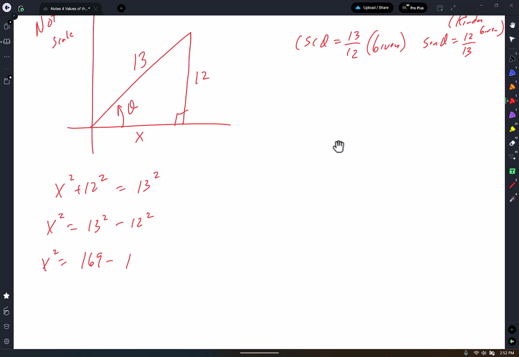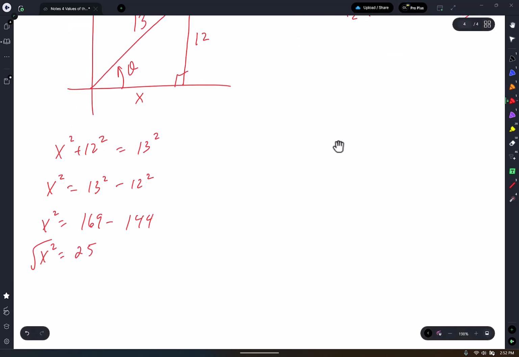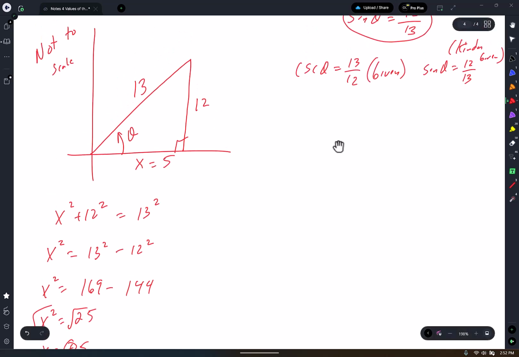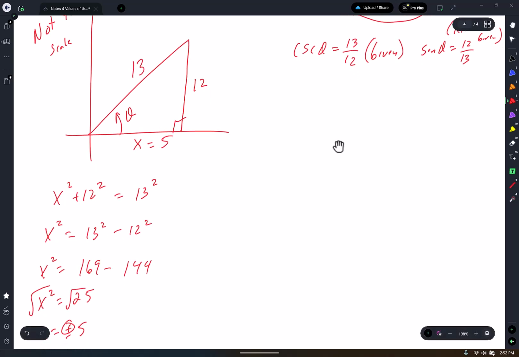And then 12 squared is 144. So x squared equals 25. The square root of that, x equals plus minus 5. You're using the positive one because we're in quadrant 1. So x equals 5. You don't have to do that. If you already know there is a 5, 12, 13 triangle, then just go ahead and write it in.